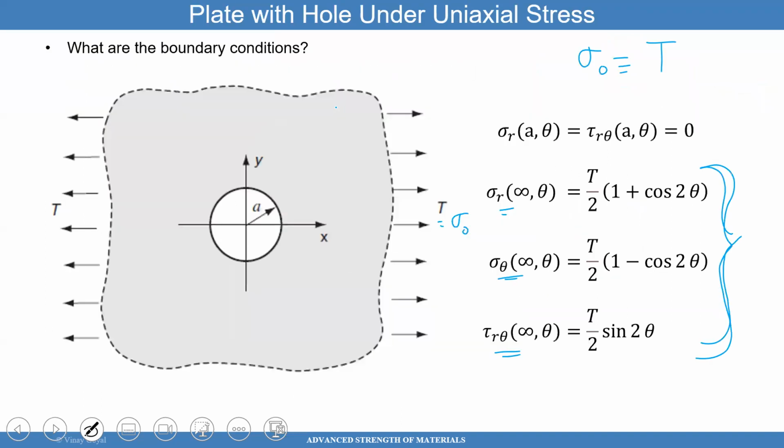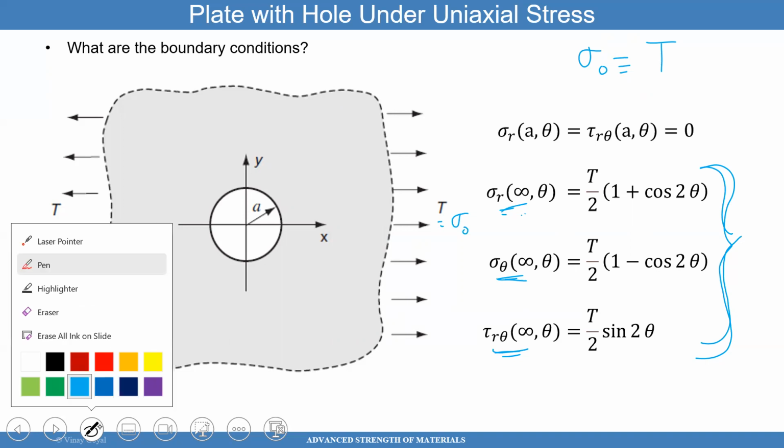So I haven't done anything different. What I did here, though, is I wrote the stress in the radial direction, the stress in the tangential direction, and the shear stress, I rewrote them so they're in terms of the far field stress but in the polar coordinate system.